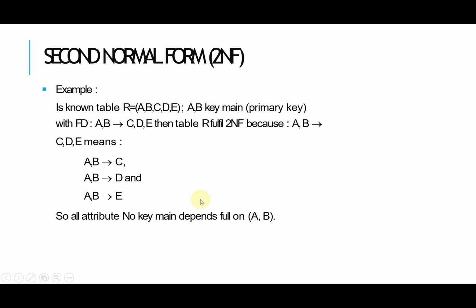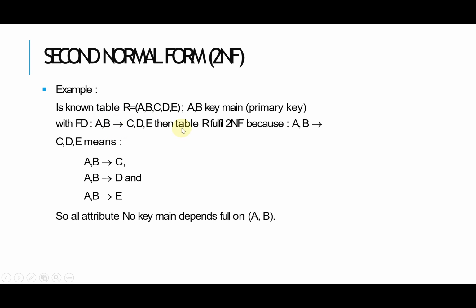For example, we have a relation with attributes A, B, C, D, E. A and B together are the primary key, and the dependency is AB to CDE.